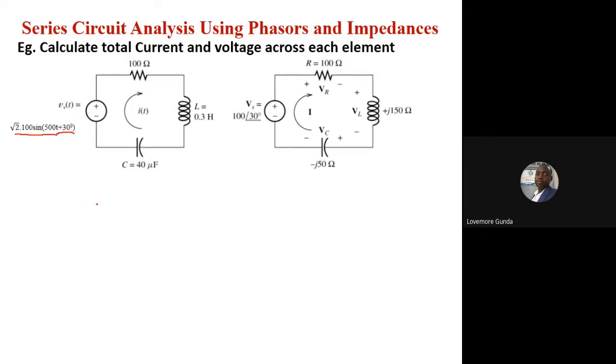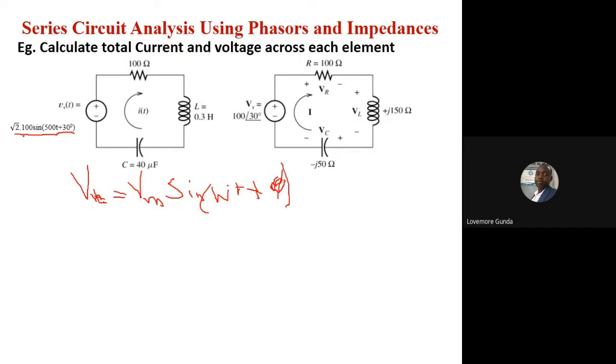Then we remember our usual form, v(t) is equal to Vm sine omega t plus theta.